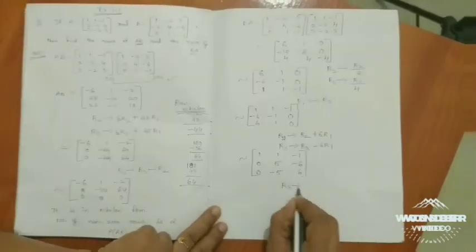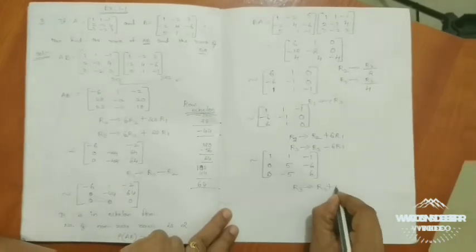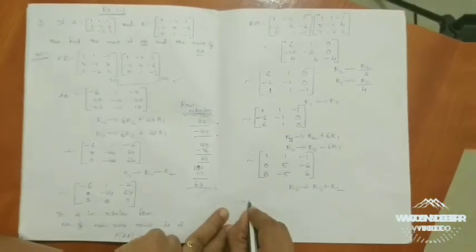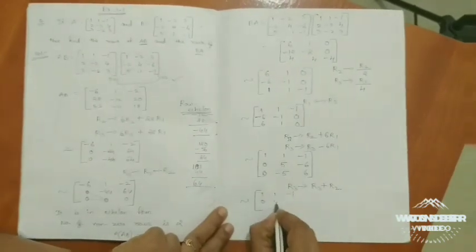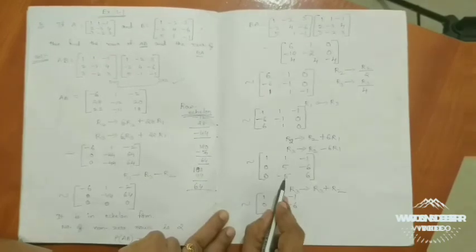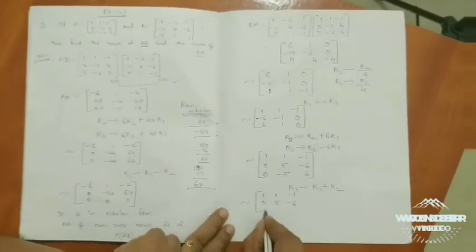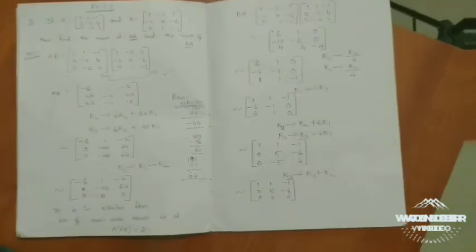If I do R3 implies R3 plus R2, clearly this is minus 5 and 5. So if I add with R2 itself, my first row remains same, my second row remains same, third row while I am adding, minus 5 plus 5, minus 6 plus 6 all gets cancelled. So I will be getting the third row as zeros.